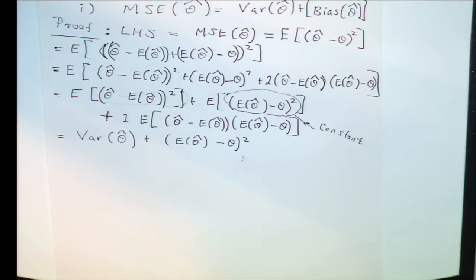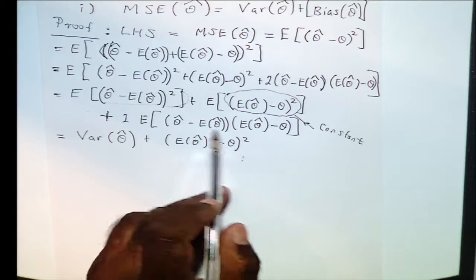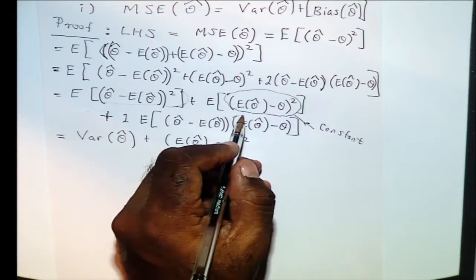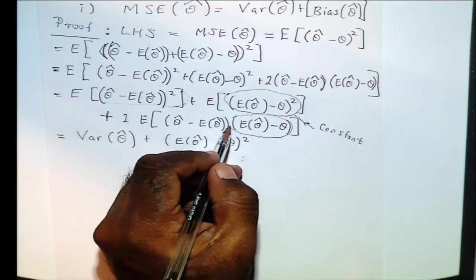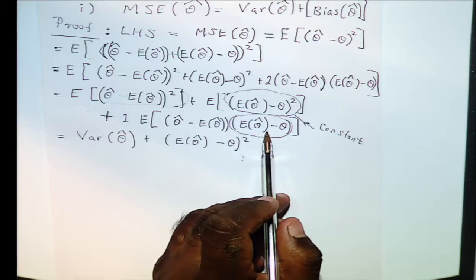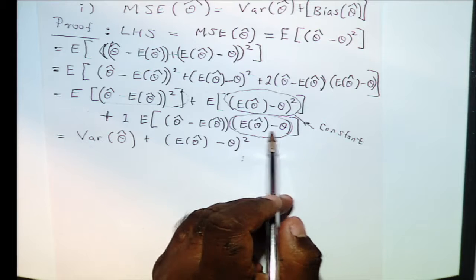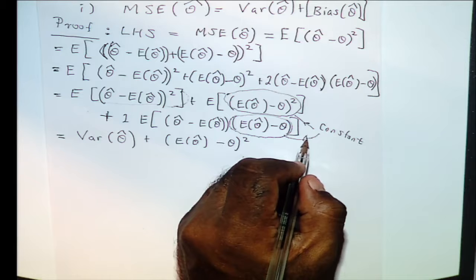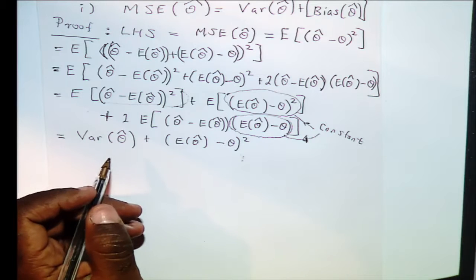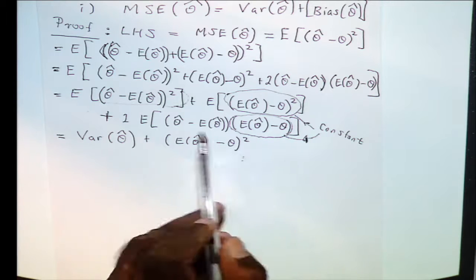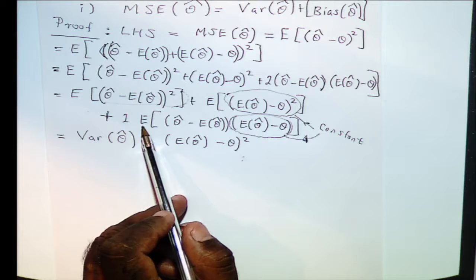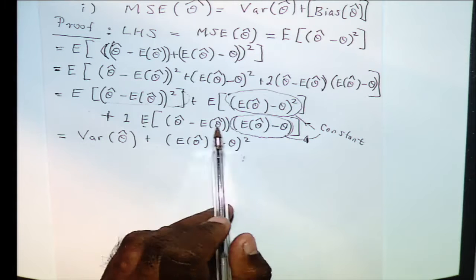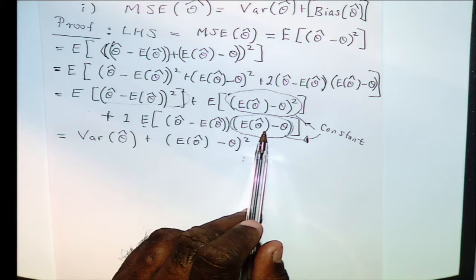Yes? Now, over here, the third expectation, once again, this term here is also a constant, right? Now, the expectation is outside, so what you have is the expected value of a random variable multiplied by a constant. So what can you do?